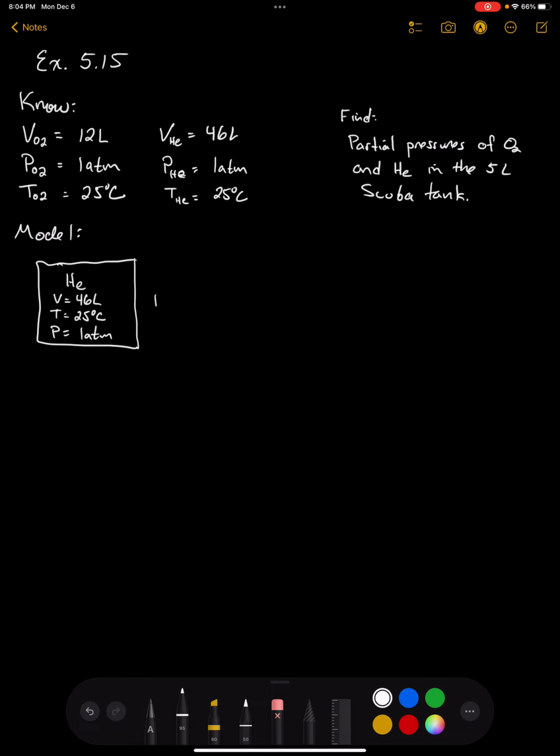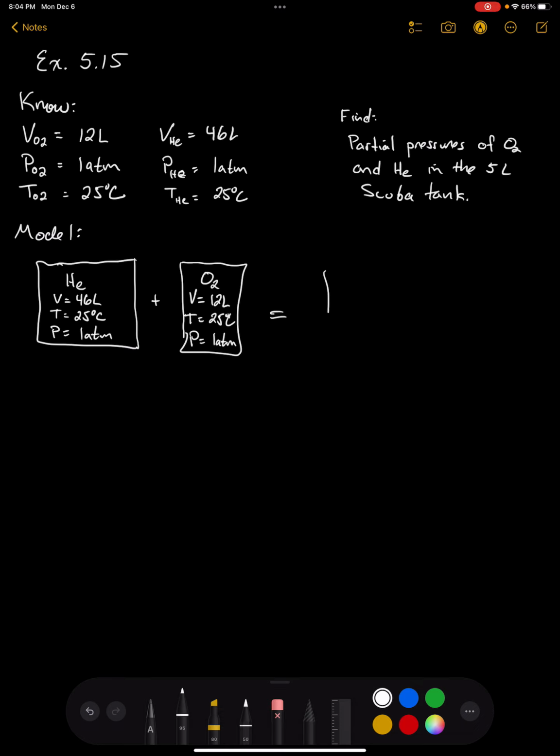And then this is added to a smaller volume of oxygen, and this volume is 12 liters, and the temperature is 25 degrees Celsius, and the pressure is 1 atmosphere.